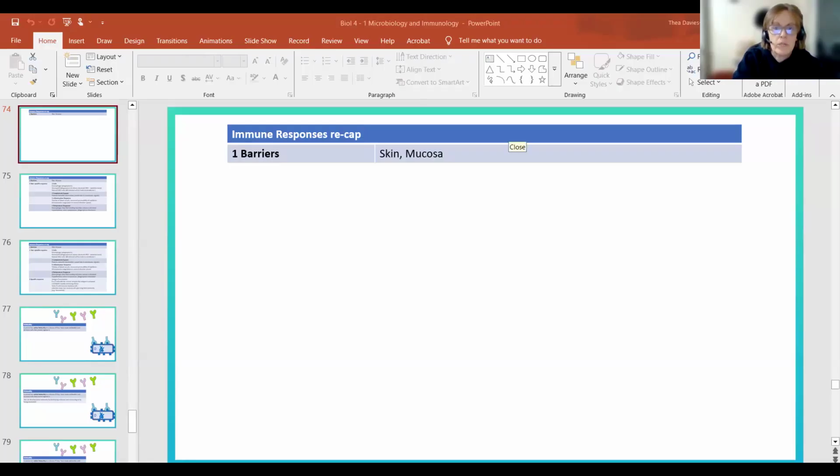going to recap where we were up to with that before we carry on. So we had a look at the immune system as a whole. We talked about the barriers. We looked at the structure of the skin, and we talked about the mucosa, which we've met several times in other units.